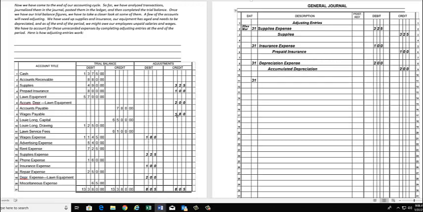We debited wages expense, credited wages payable. So now that we've got our adjusting entries journalized, it's really important that they be posted over to the general ledger, because our general ledger accounts are sitting there with outdated balances, and we need to post these adjustments in order to bring those balances up to date.